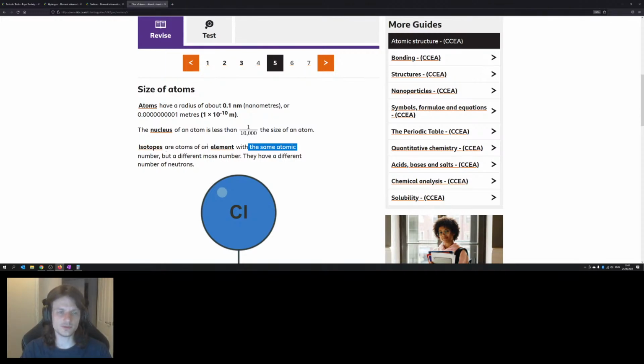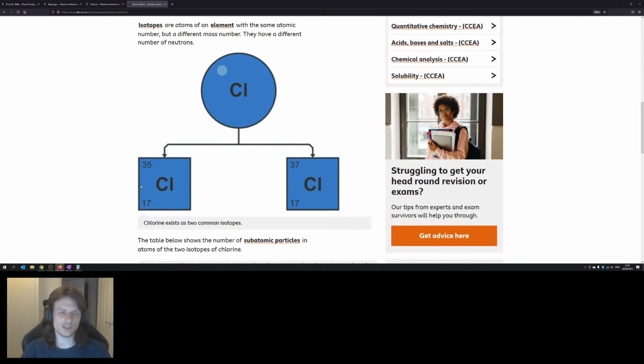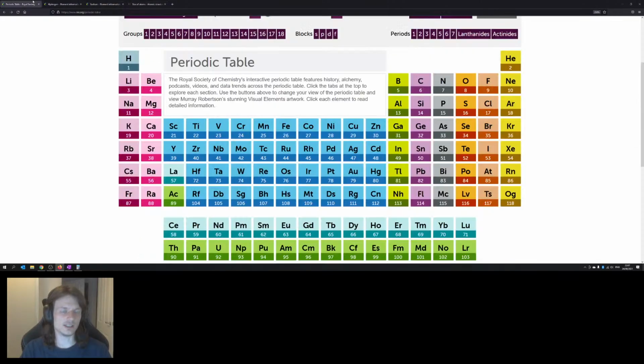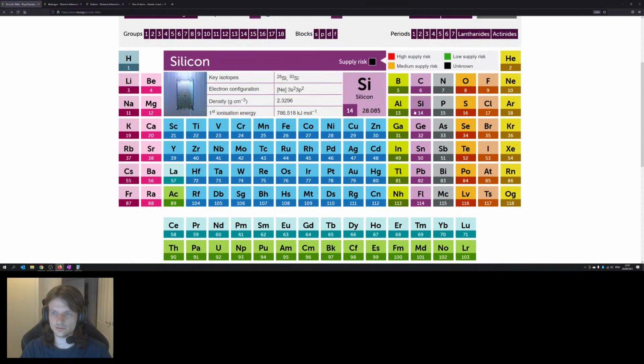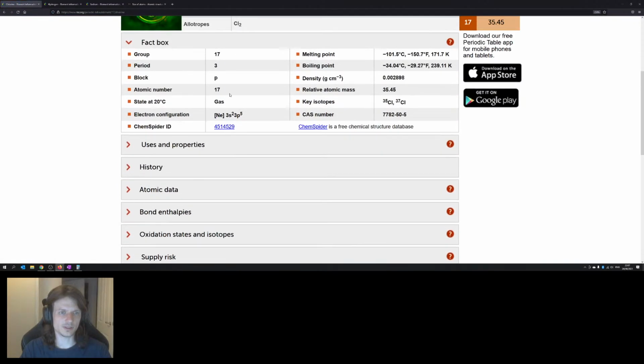Isotopes are atoms of an element with the same atomic number but a different mass number. That means you've got separate versions of that element, the isotopes of that element, but they'll have a different mass number. They may have a different number of neutrons. So Cl, chlorine. Let's take a look at this.